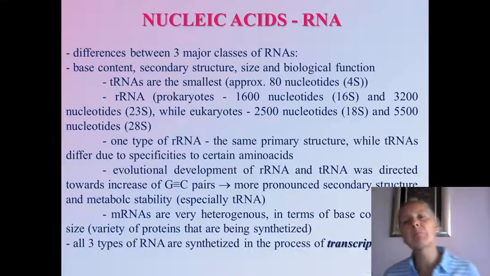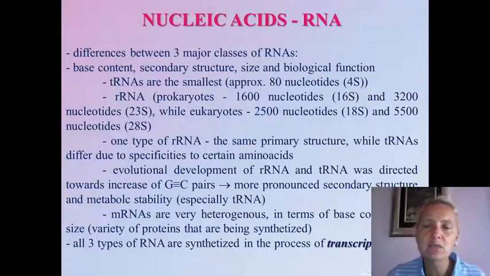Just remember the pattern that tRNAs are the smallest, and then 3,200 nucleotides, while eukaryotic cells form 2,050 nucleotides with 18 Svedberg units and 5,500 nucleotides with 28, the huge 28S molecules.